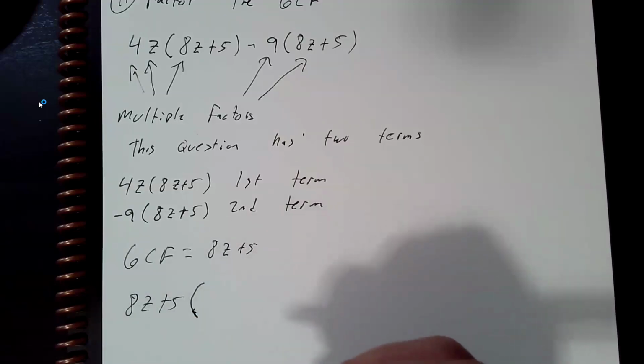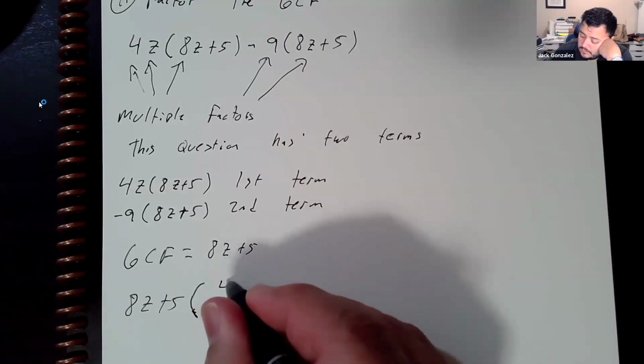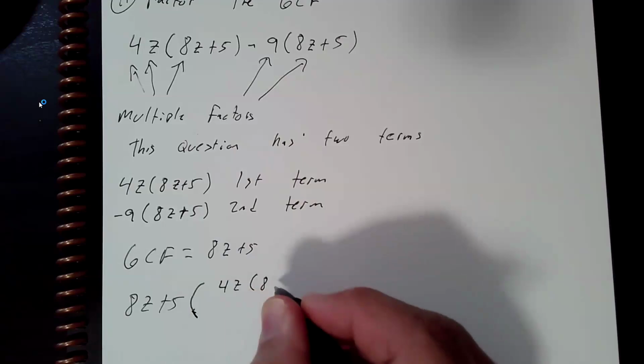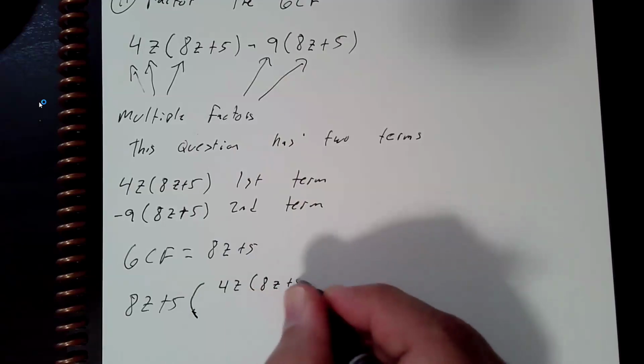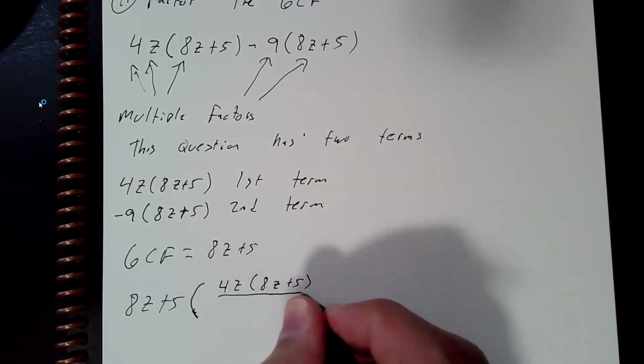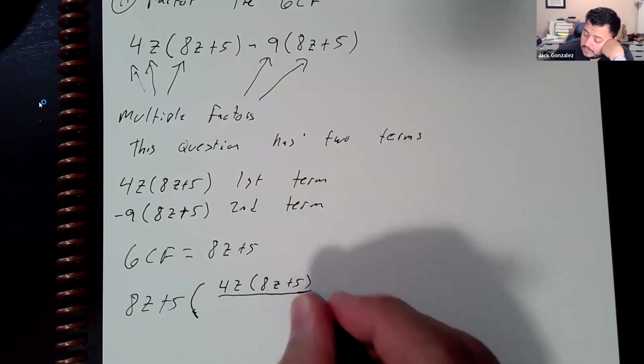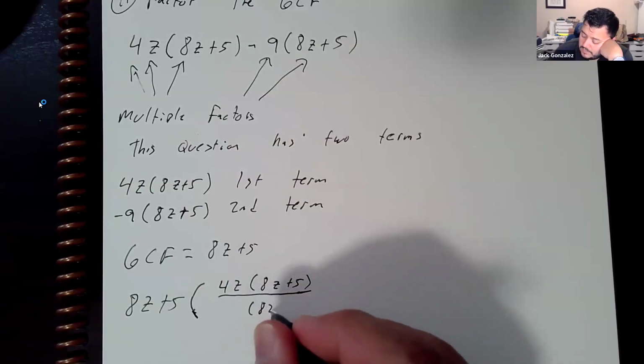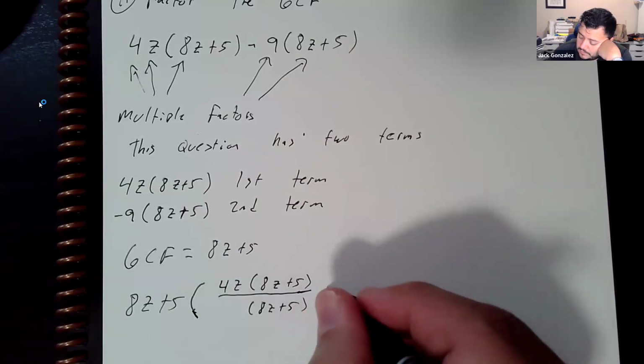If you don't see it, let's show the work. 4z minus 9. So this step is not necessary. I'm doing this just to make sure that you see it.